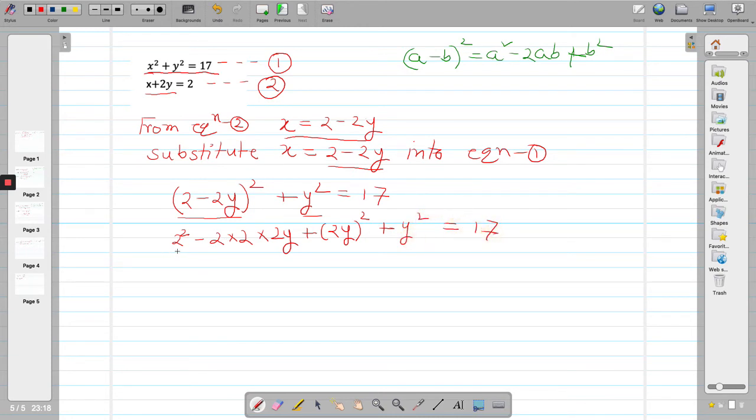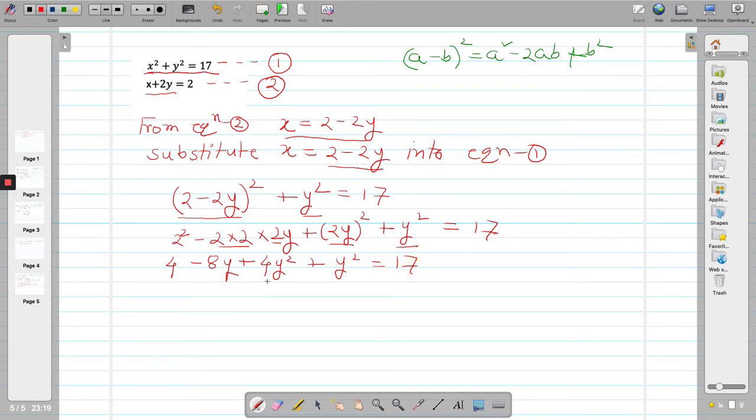Now I'm going to simplify this one. 2 squared is 4, and 2 times 2 is 4 times 2 is 8, so minus 8y plus 2y whole squared will become 4y squared if we square it, and don't forget this y squared here, equal to 17.